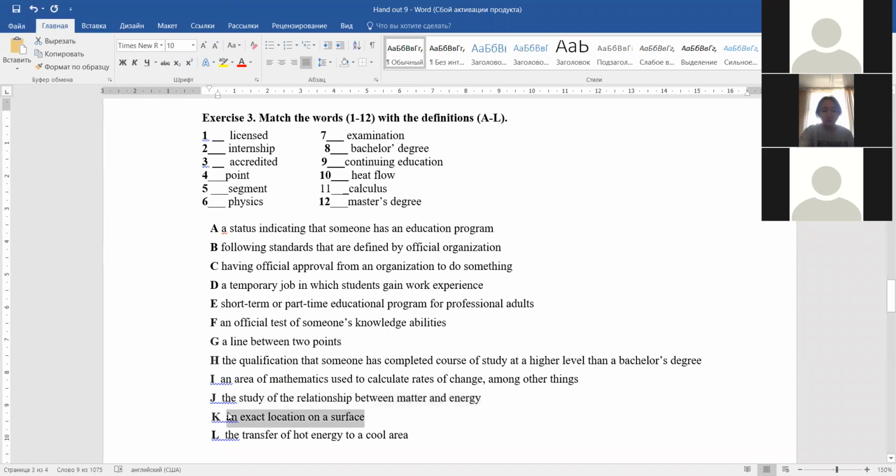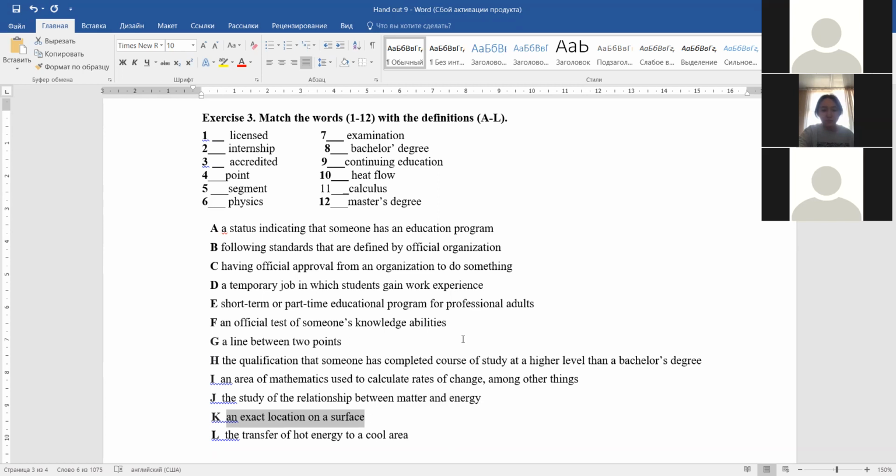Alwa, please. An exact location on a surface. What is it? Point, of course. How do we translate it?